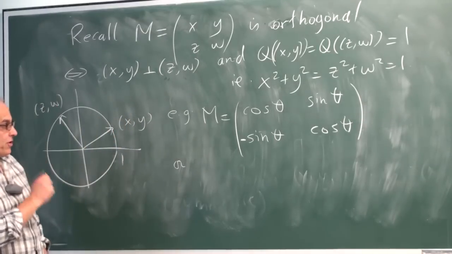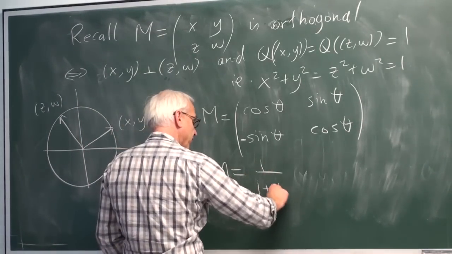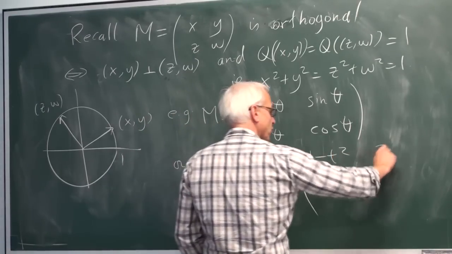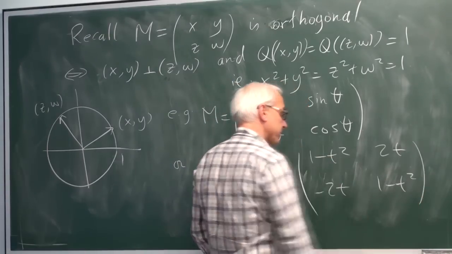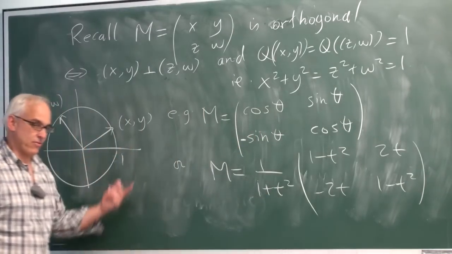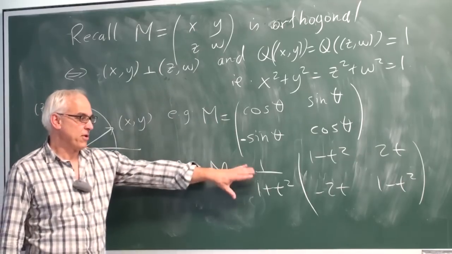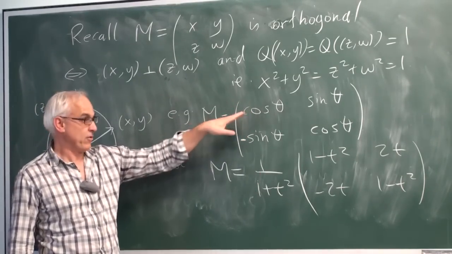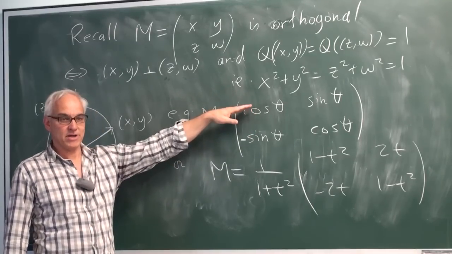A rational alternative is 1 over 1 plus t squared times the matrix 1 minus t squared, 2t, minus 2t, 1 minus t squared, because we're using the rational parameterization instead of the cosine sine parameterization. So here we stay within rational mathematics. Here we have an approximate aspect, because if you actually want to calculate one of these things accurately, you need an infinite amount of time.